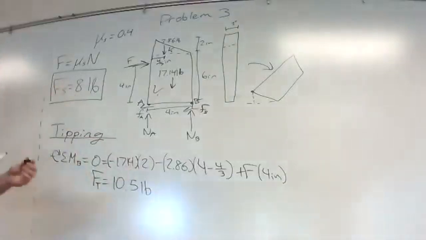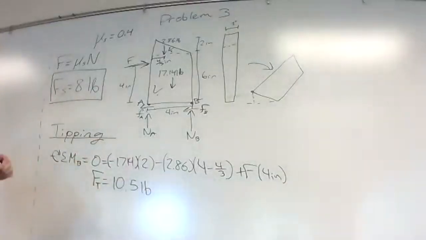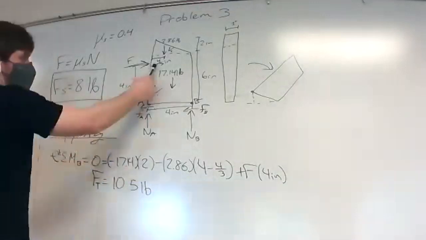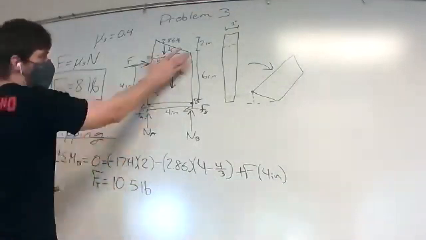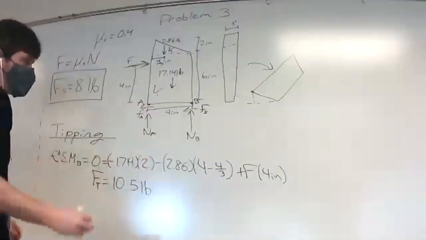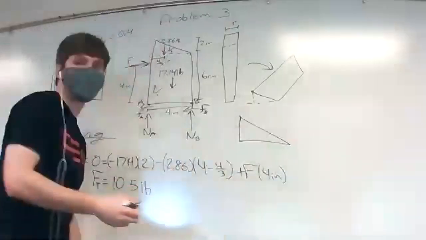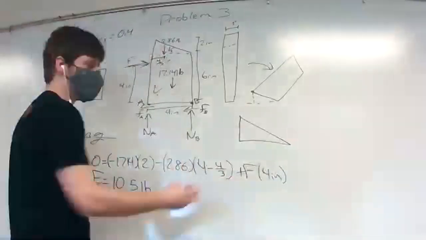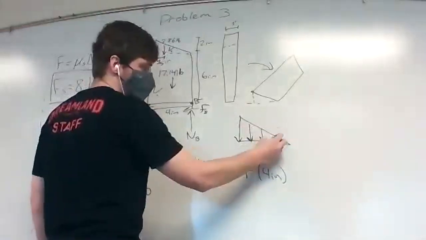Any questions on slipping or tipping? How did you get the 4/3 inch one more time? Oh, so this distance is just 1/3 the distance of a triangle. You can think of this as a distributed load, right? We can think of it as though it were this.